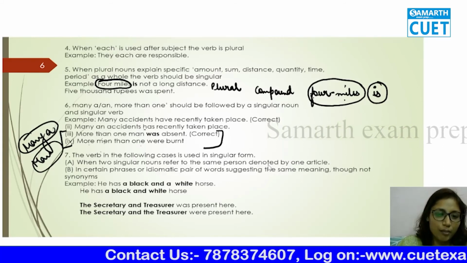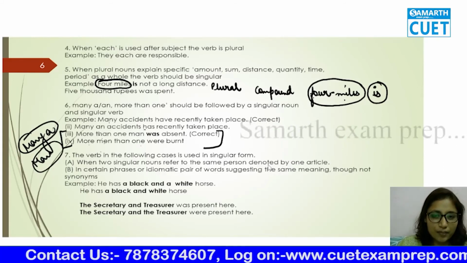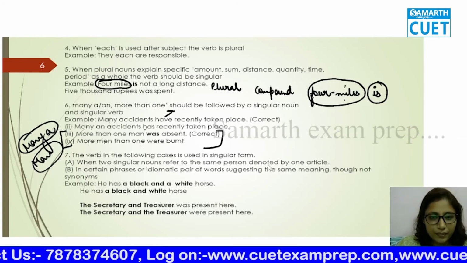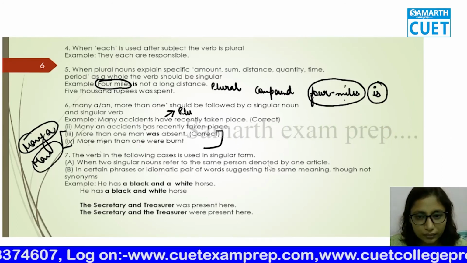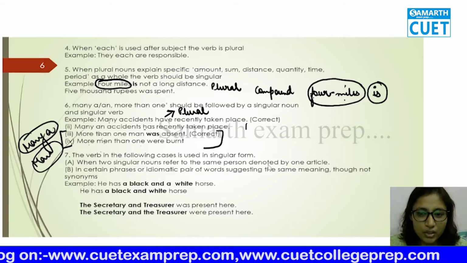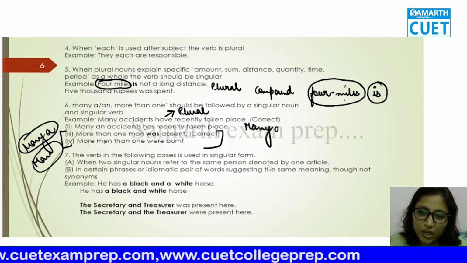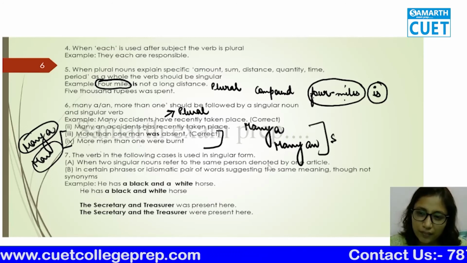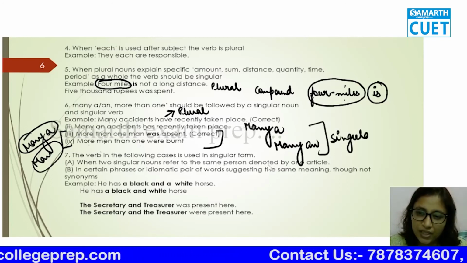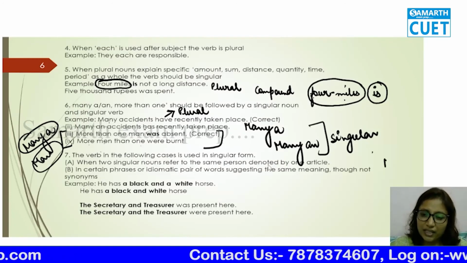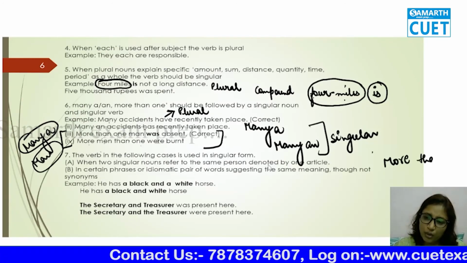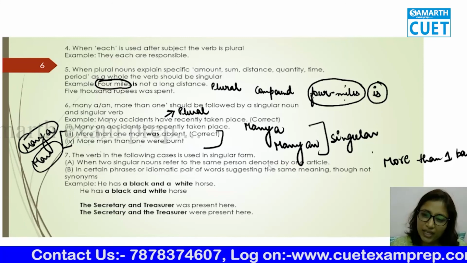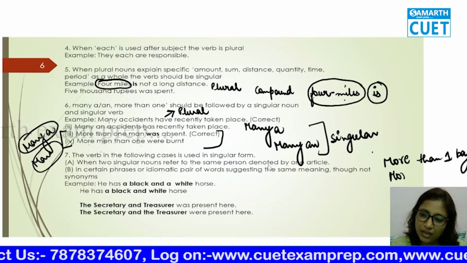With many, we are going to use plural. But whenever we use many a, we are going to use singular. Same like this: more than one boy and more boys than one.